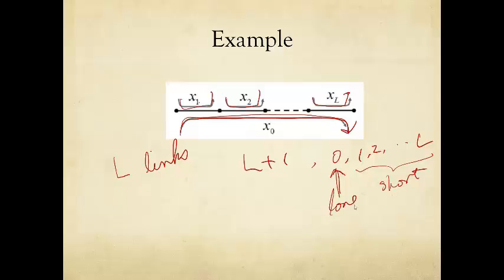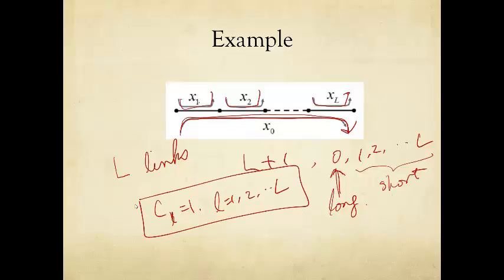This is long. So the question is, how do we allocate fixed capacity on these L links to these L plus 1 sessions such that we can maximize some notion of fairness and efficiency? And let's say for now that each link has a fixed capacity C_l equals 1 unit, say 1 megabit per second, for all the l's from 1 up to L. That's the constraint.